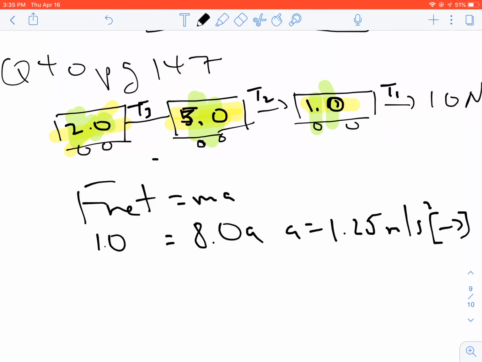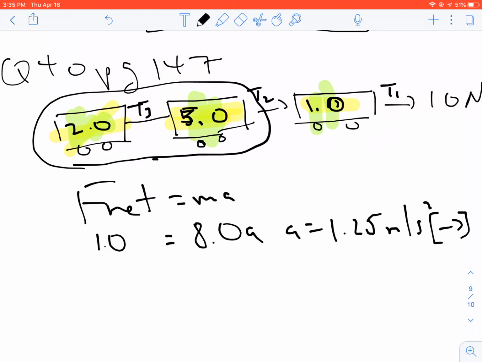I can draw a free body diagram around all of this stuff here and say all of this 7 kilograms is being pulled by T2, or I can look at this one here and say T2 is working on that one too. So it doesn't matter which way I work on it. I'm going to choose the other way. I think it's probably a little bit easier, but it gives you the exact same answer.